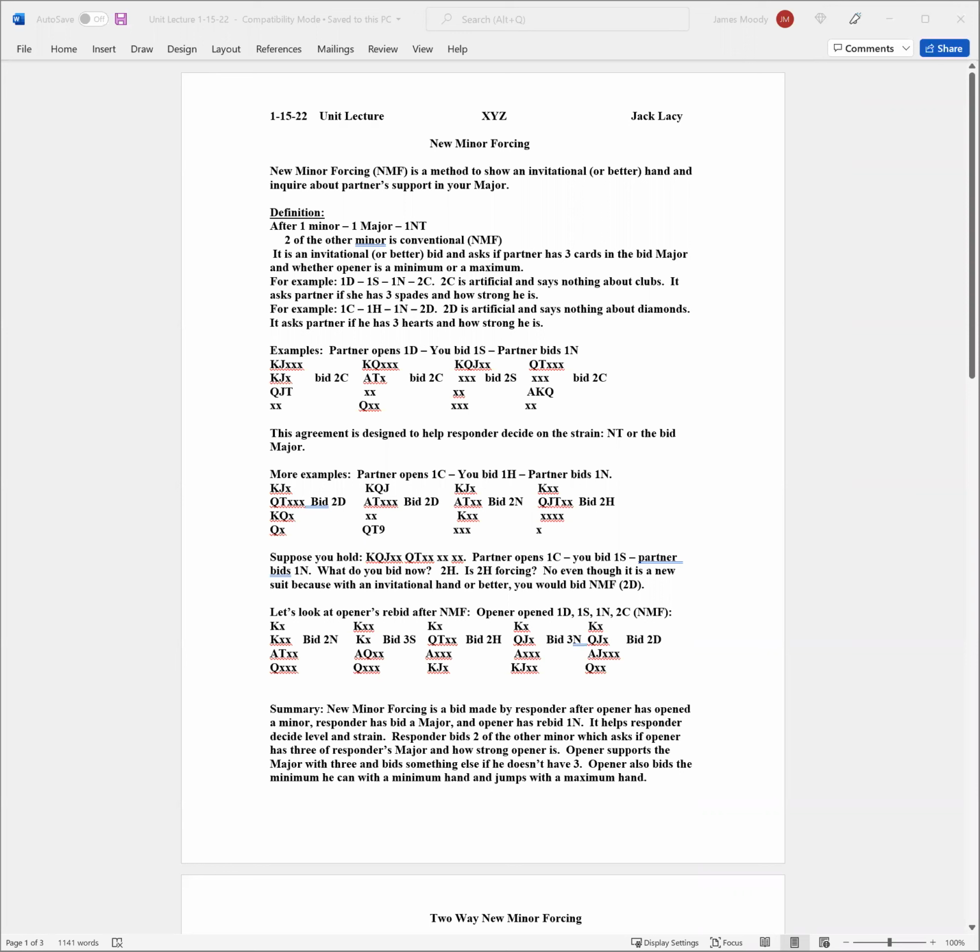So two clubs says to partner, do you have 3 spades? And the opener answers by saying two spades or two no trump, or if stronger, three spades or three no trump. That's how the opener shows minimum and maximum.